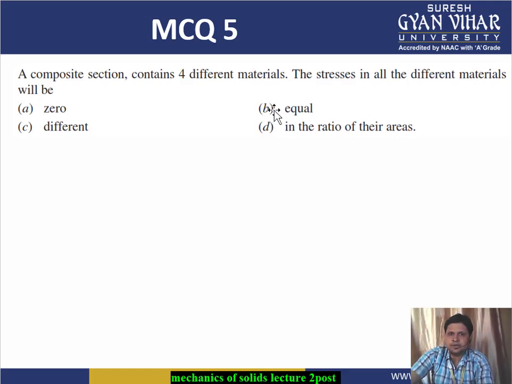No, that is also not correct. The stresses will be different, or it is the ratio of their areas. The answer of this MCQ is that the stresses will be different at different sections. So MCQ 5 has its answer: option C is the correct answer.